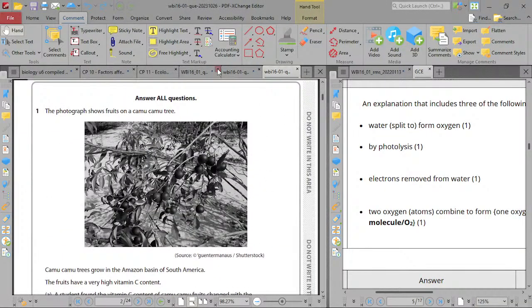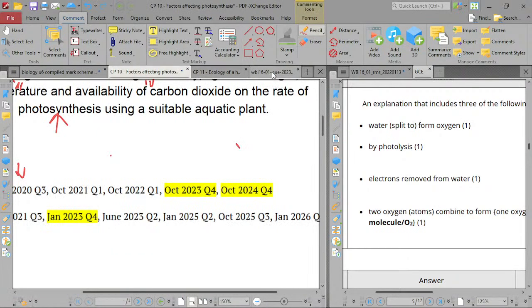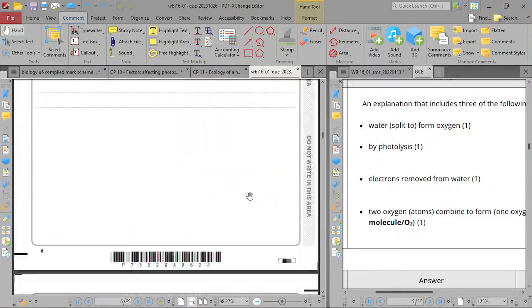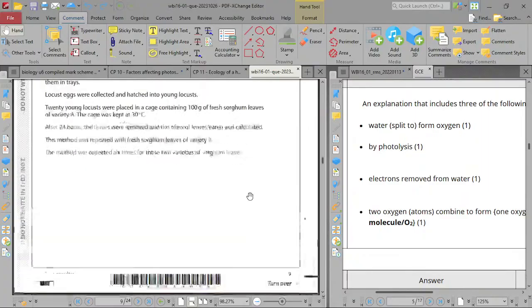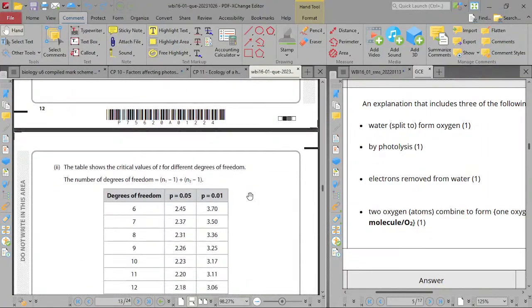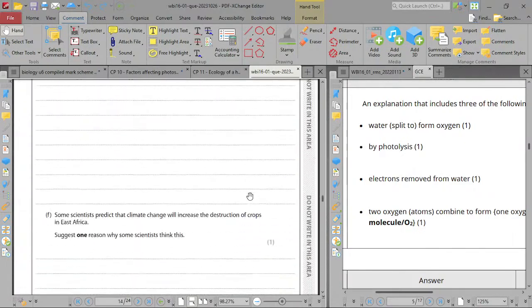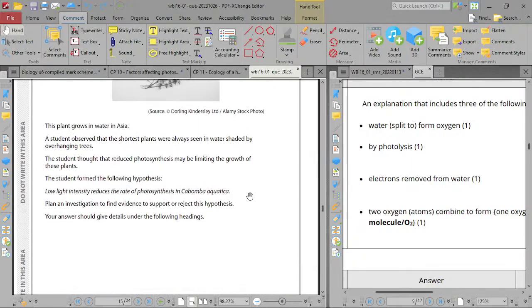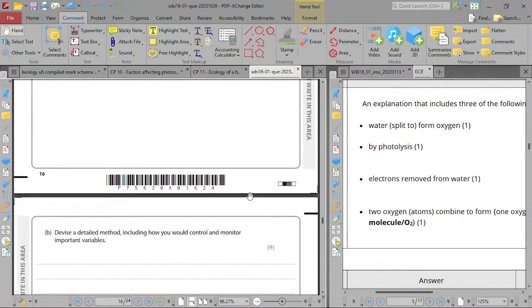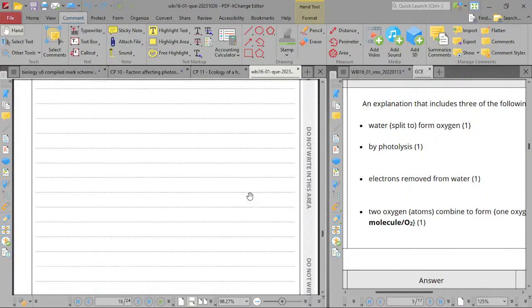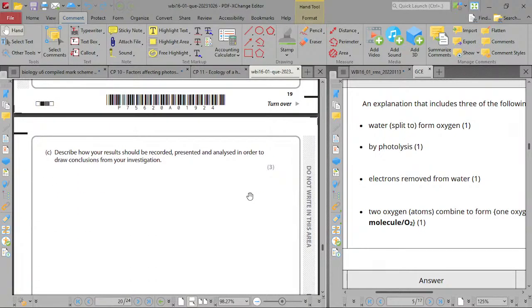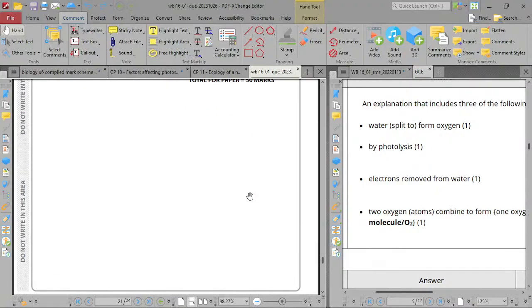So this is going to be question number 4. Okay, it is 9 marks. There probably wouldn't be a second part to that. Yeah, okay.